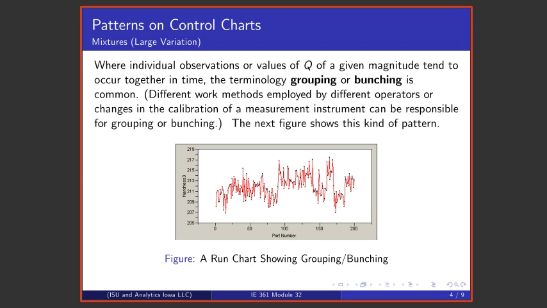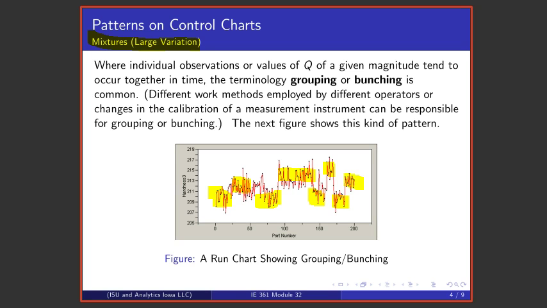When observations on a chart sort of bunch up, they're at this level, and then they're at this level, and basically they group together in time. One might describe that kind of a mixture as one that produces large variation and could be described by the word bunching or the word grouping.